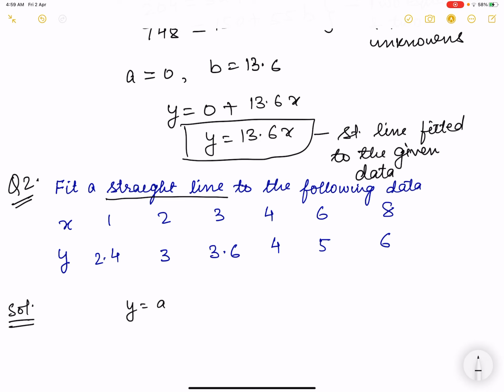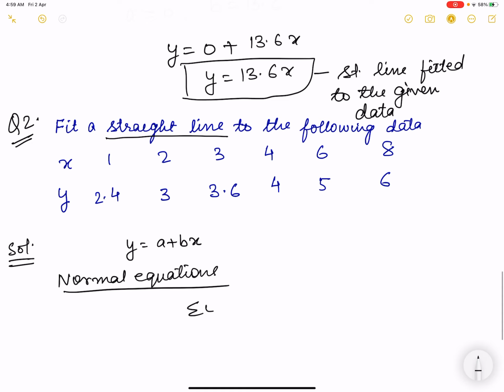So we have to fit this straight line y is equal to a plus bx, and we know the normal equation. So writing the normal equation this time directly. It is sigma y is equal to na plus b sigma x, and sigma xy is equal to a sigma x plus b sigma x square.